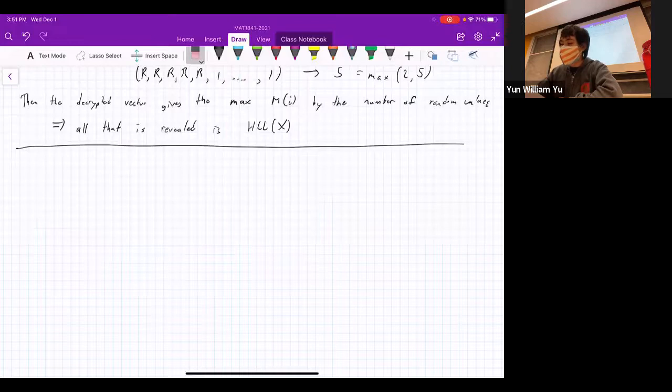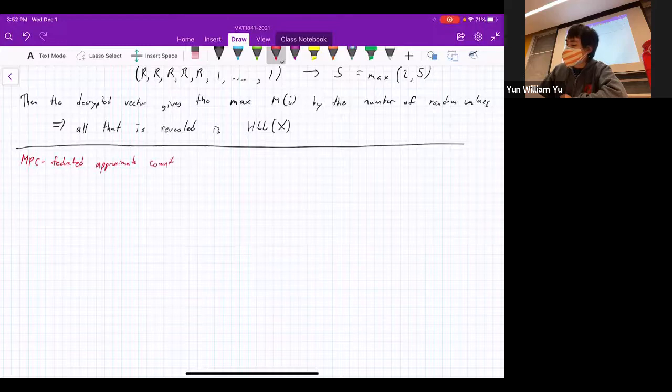So we're going to use a fully homomorphic encryption. So this is going to be MPC, federated approximate count using fully homomorphic encryption. And this is a paper we just submitted, Layton U 2021.